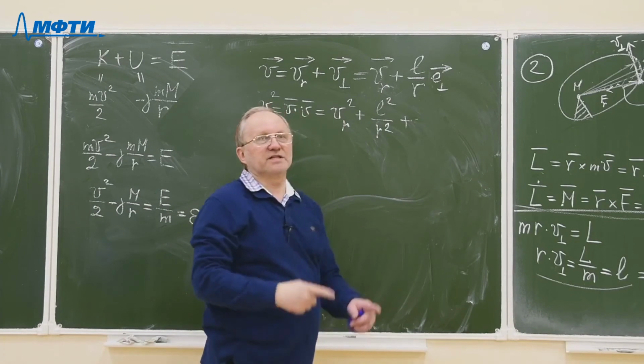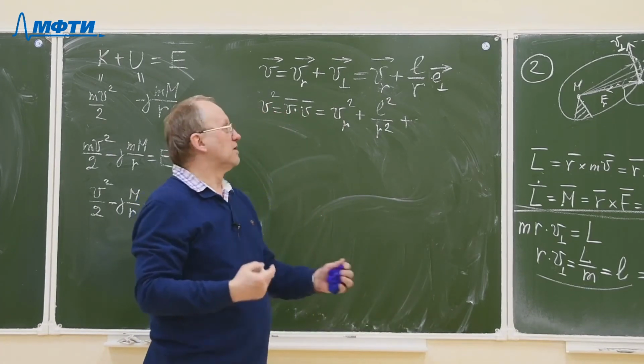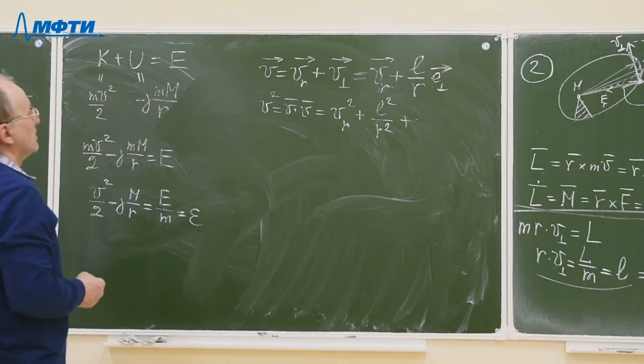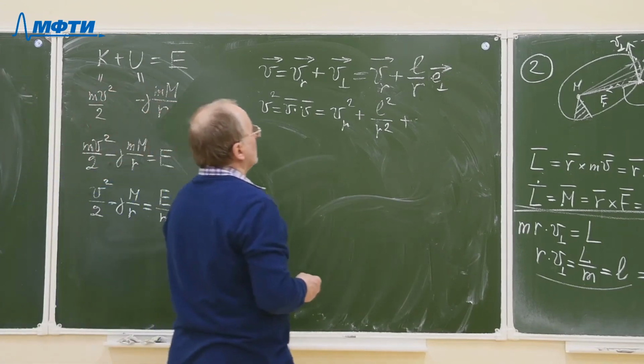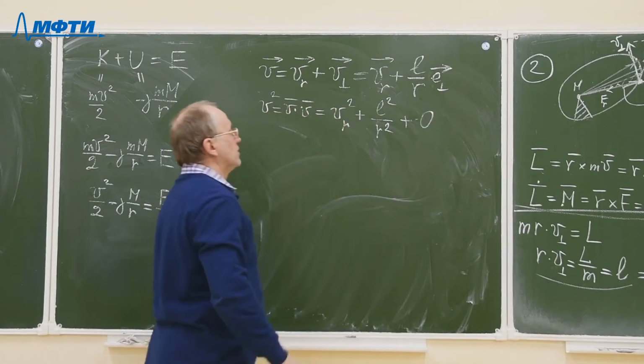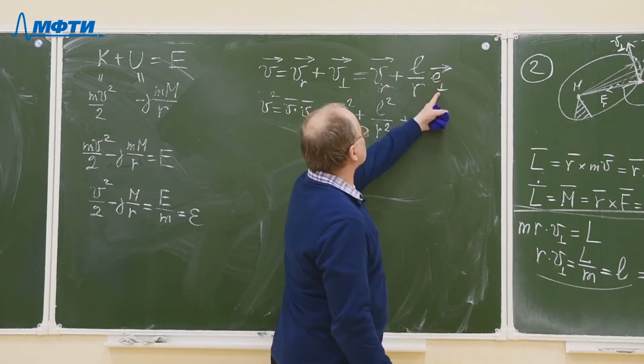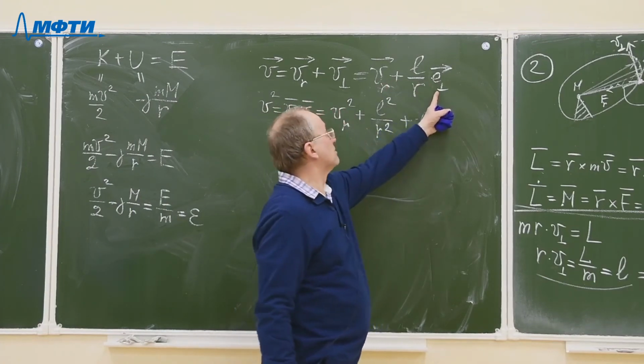But when you find a scalar product of two perpendicular vectors, what will be the cosine of 90 degrees? That will be 0. So I will just indicate here 0, which is the scalar product of two perpendicular vectors.